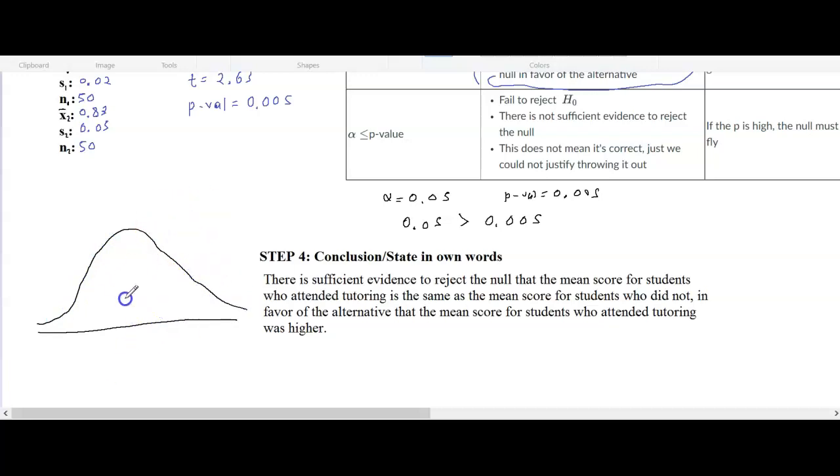The middle of the t-distribution will still be 0, and test statistics to the left of this are negative, to the right are positive. We can think of the number as the number of standard deviations they are from the mean, where 1 is maybe here, 2 is here, and 3 is maybe here. Our test statistic is 2.63, so it's probably right around here.